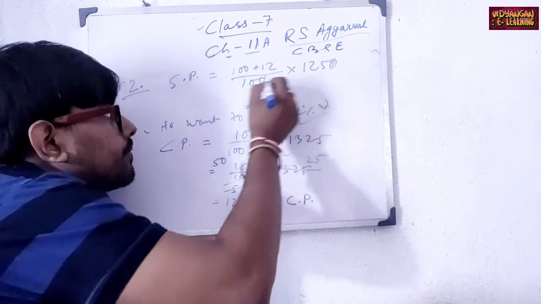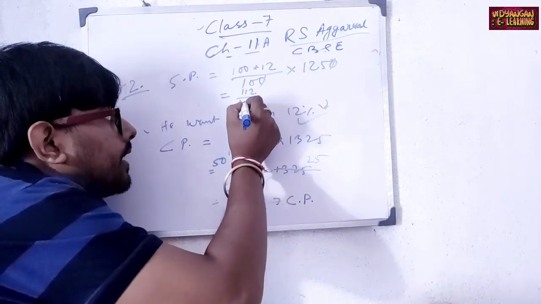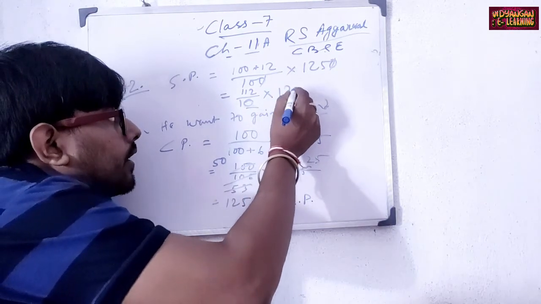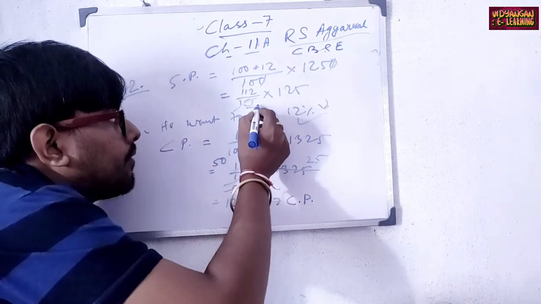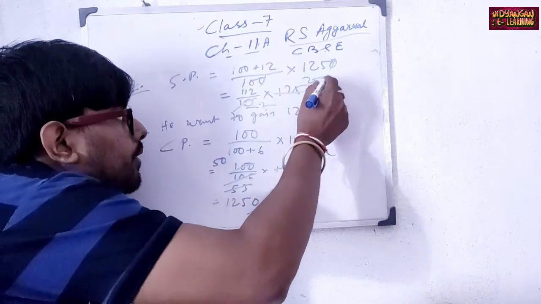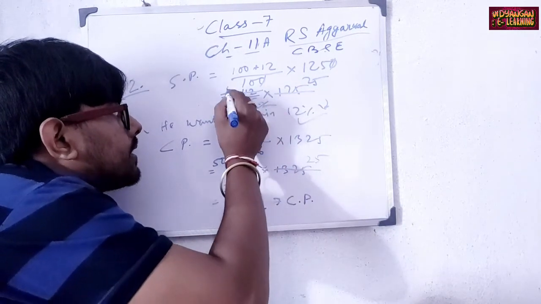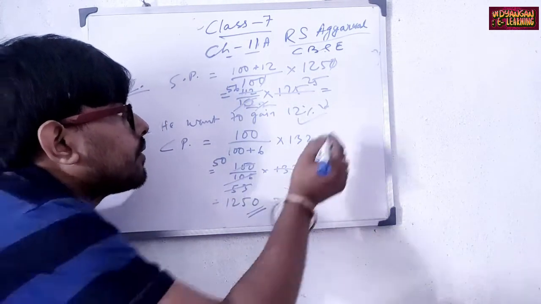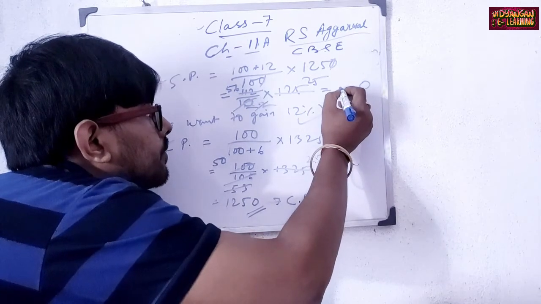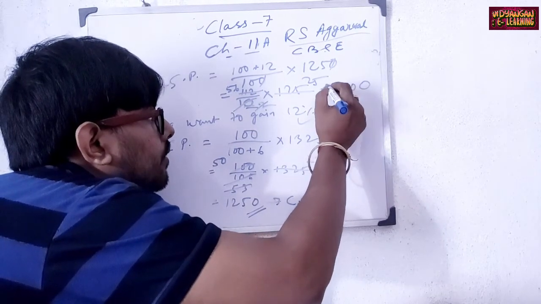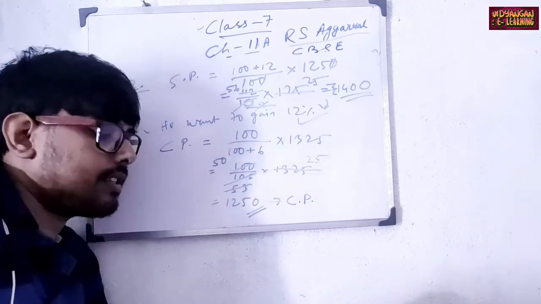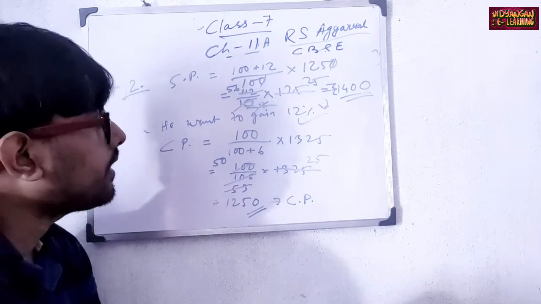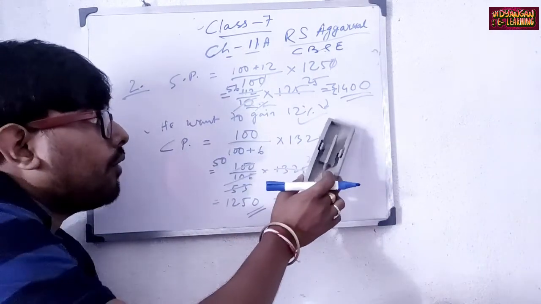That is 112 by 100 multiplied by 1,250. Cancelling by 5, we get 56 multiplied by 25. So we must sell it for 1,400 rupees, then he makes a gain of 12%.